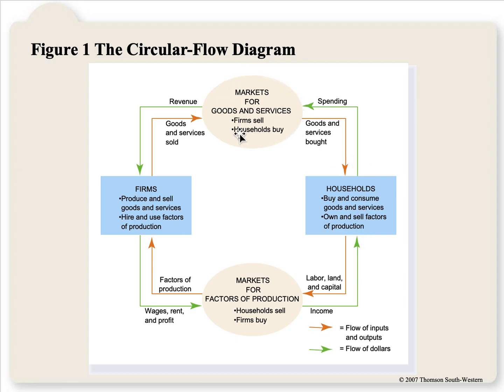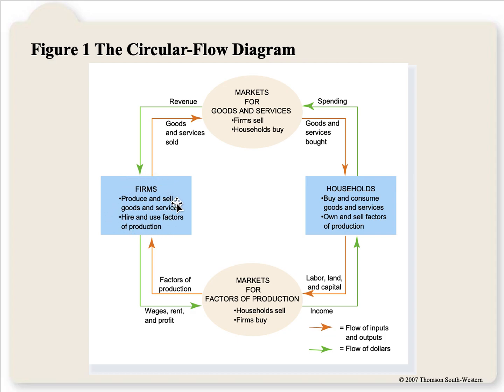In the market for goods and services, the firm will sell the goods and the household will buy. In the markets for factors of production, the household will sell the factors of production and the firm will buy. For example, the household will sell land, labor, and capital as factors of production, which will then be purchased by the firm for the purpose of production.